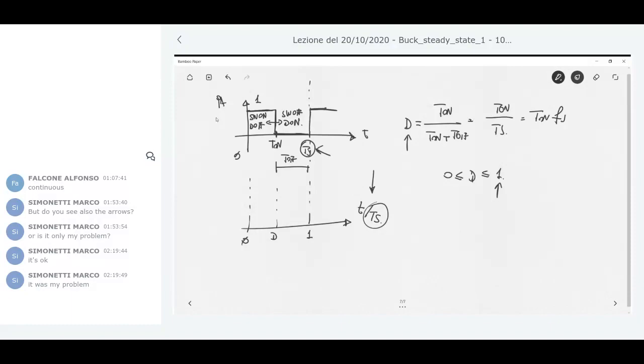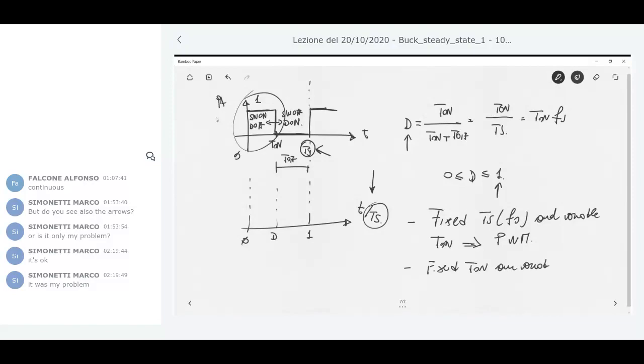When you have a fixed Ts, so a fixed switching frequency, and variable T on, then you have what is called pulse width modulation, and you are modulating the pulse width. When you have a fixed T on and variable switching frequency, then you have what could be called pulse frequency modulation.